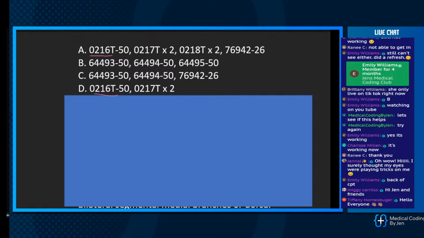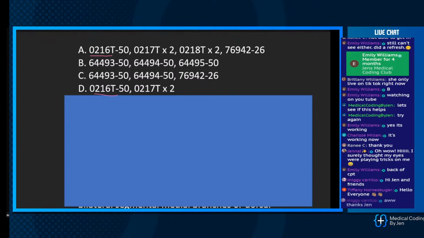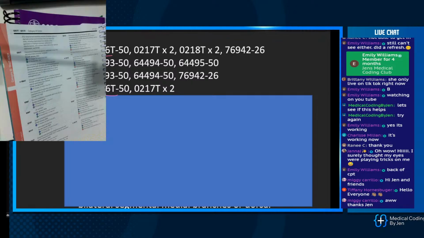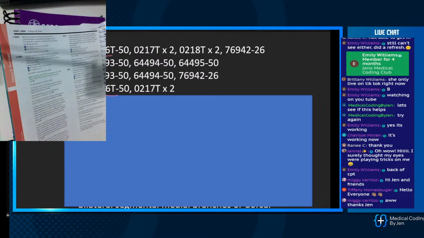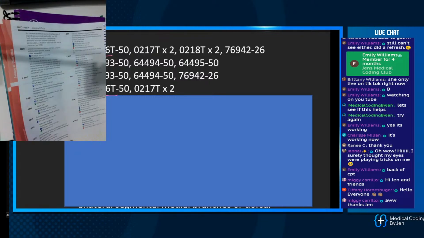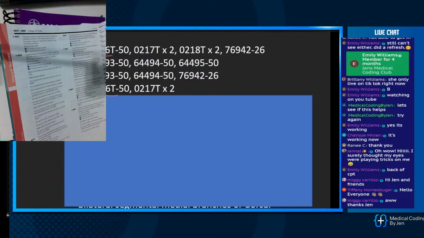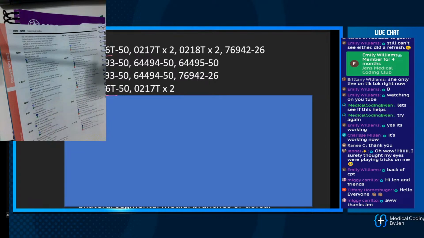Good job, DT. So if you see on the exam that they're giving you a category 2 code in the back of the book somewhere as possible two options, these are category 2s. And then two answers are in the regular CPT where you normally are.